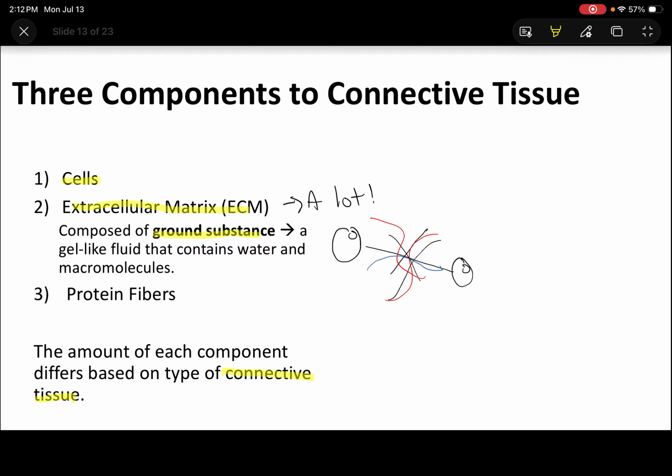That's okay. Blood being a liquid, it's still a tissue. There are still cells, there's still stuff between those cells, and they're all working together for a specific function. Versus bone, which feels like the opposite of blood. We think of it as a calcified, hard substance. The cells might be more tightly packed, there might be less ECM, but again, it's a connective tissue providing structural framework to the body.